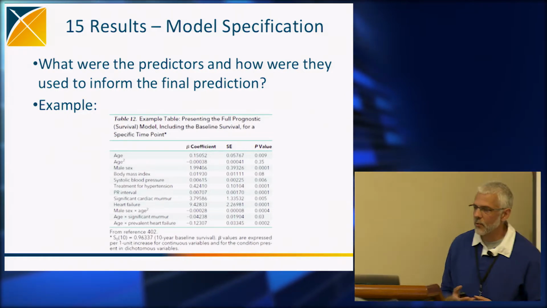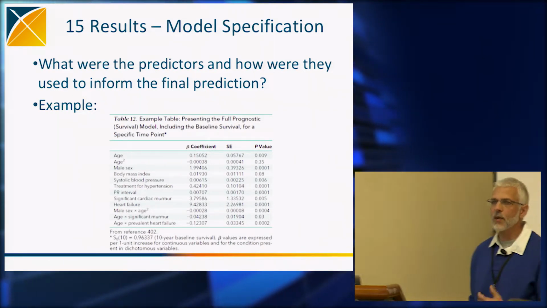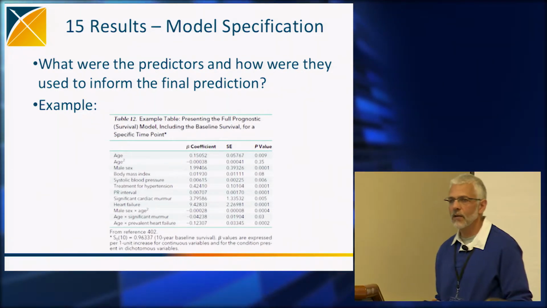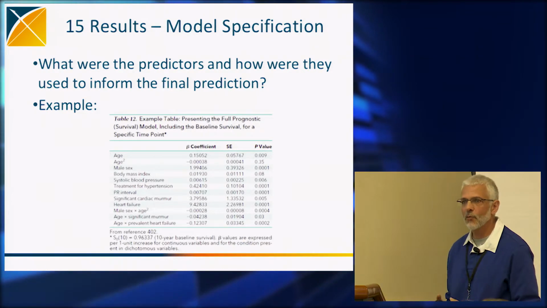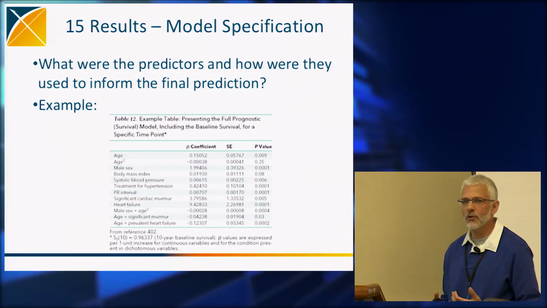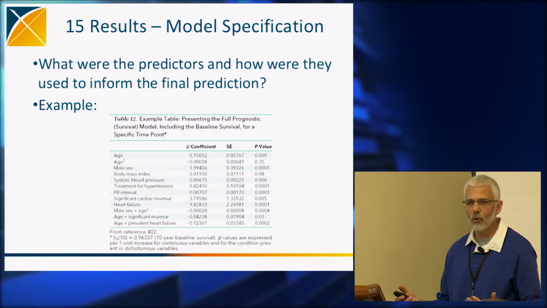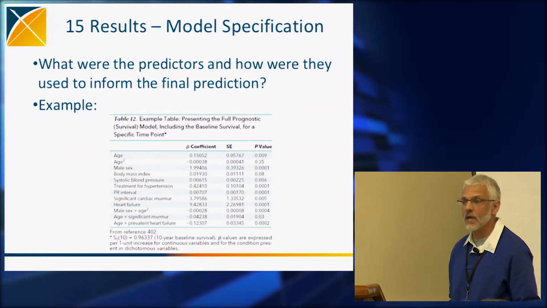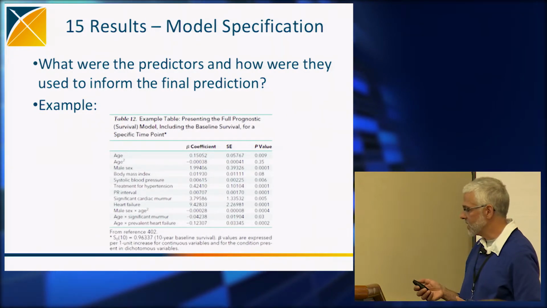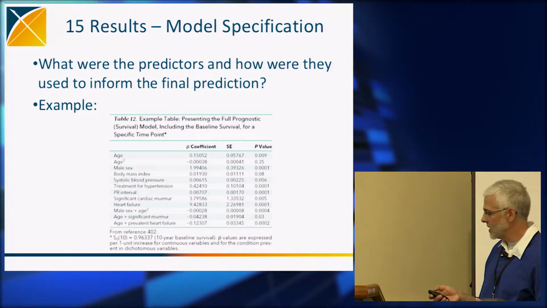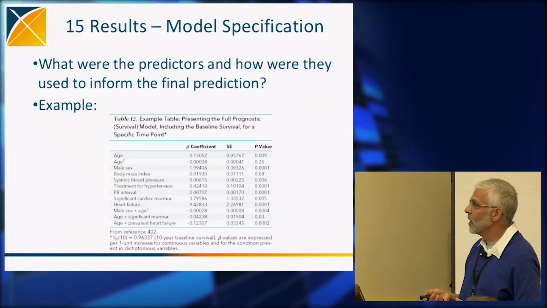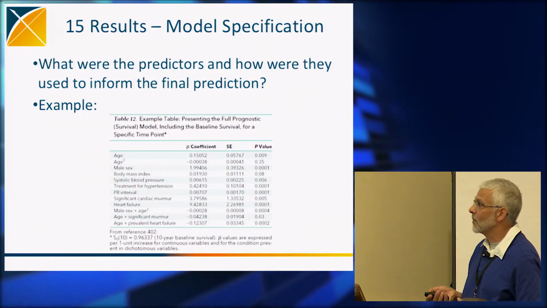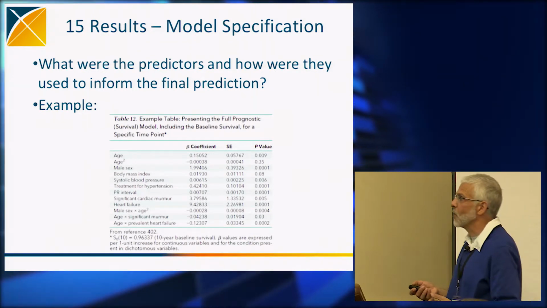Model specs. These are in the results. You want to say, what did you get out of the model? In a lot of the frameworks that we have, there is the capability to output the full model specification, so there's no guessing on what's in the model and what's not. In this case, they used a table with all the parameters that were in the model. It was a small model.